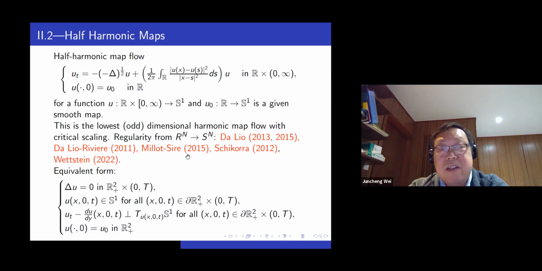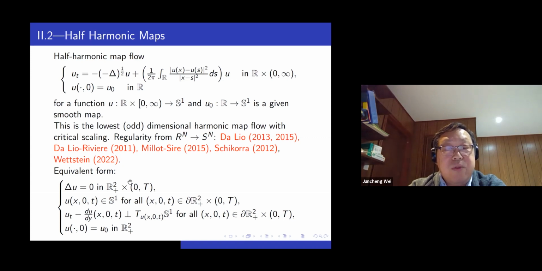And Millot, Sire and Schikorra in 2012 have the regularity for any other dimension, including the higher order fractional harmonic maps. And there was a recent result by Winston discussing the regularity of this type of harmonic map.